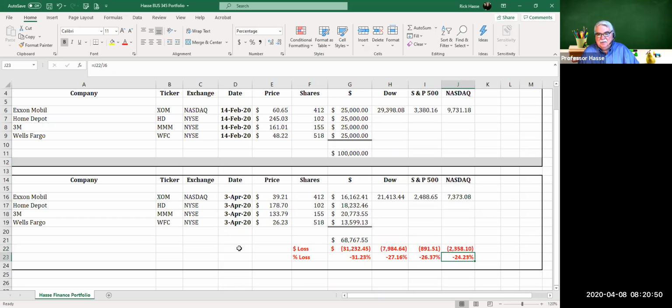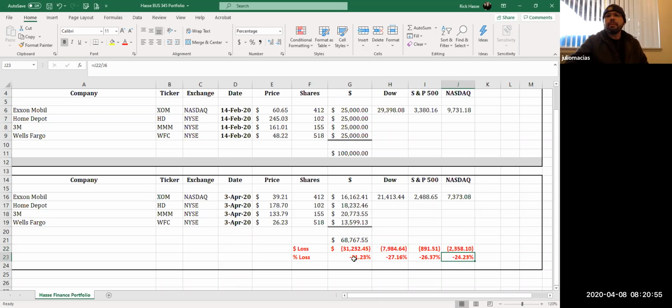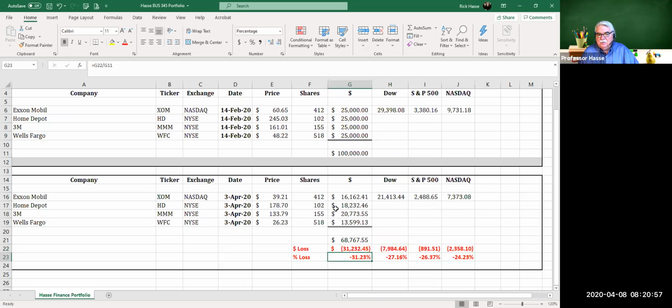You're going to be doing a couple other things in your work, but this is the core of what I'll be looking for, how your selection has done versus the market. And that's what I was looking for in quiz number 2.